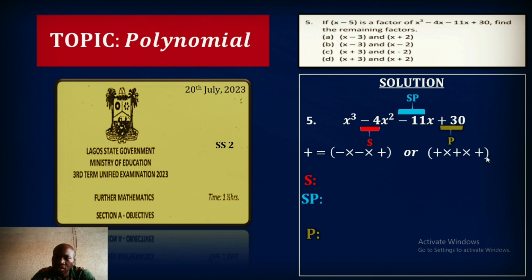But with the second one, there is no way we can arrange these three pluses to give us anything negative. So we will stick to the first. So the next line of solution.